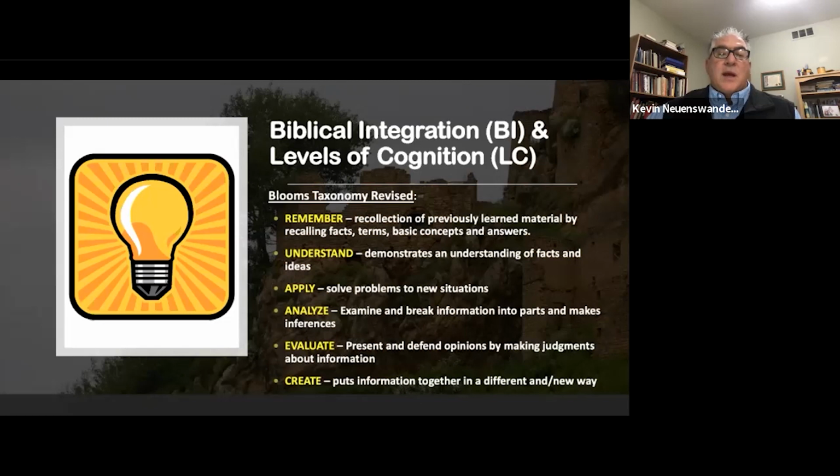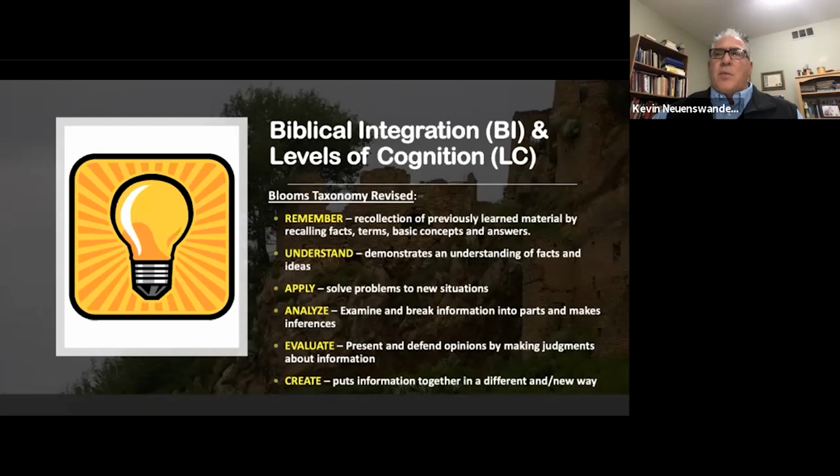Bloom's taxonomy revised has remembering as the lowest level. It's a recollection of previously learned material by recalling facts, terms, basic concepts, and answers. Understanding, so you can demonstrate an understanding of facts and ideas, not just that you can repeat it. Application, can you put that understanding to use?